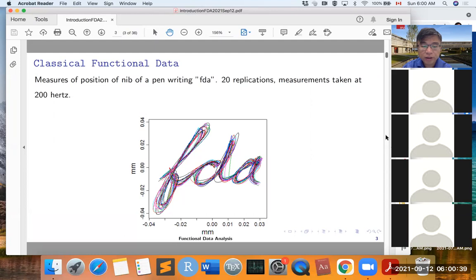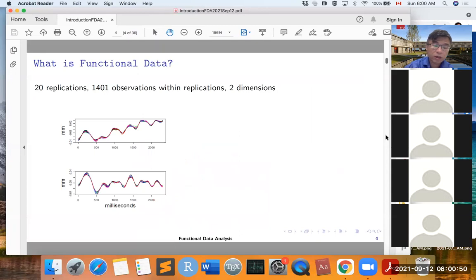So we have the X coordinate and the Y coordinate of the pen position. If we write the X coordinate and the Y coordinate as functions of time, then we have these 20 paired curves on the top and bottom graphs.